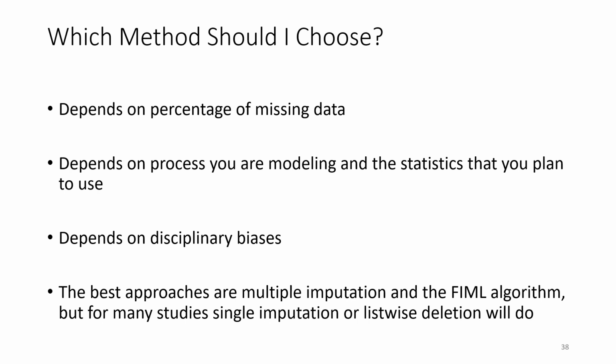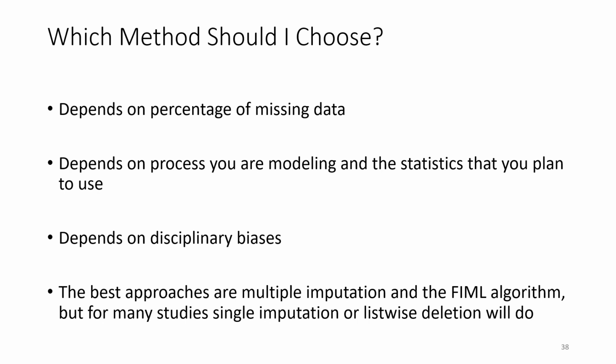It depends on the processes that you are modeling and the statistics that you plan to use. So again, if you are doing structural equation modeling, perhaps a latent variable model, you would probably want to choose the FIML algorithm. For more traditional statistics, like analysis of variance, multiple regression, you're more likely to depend on imputation methods, either single or multiple imputation.